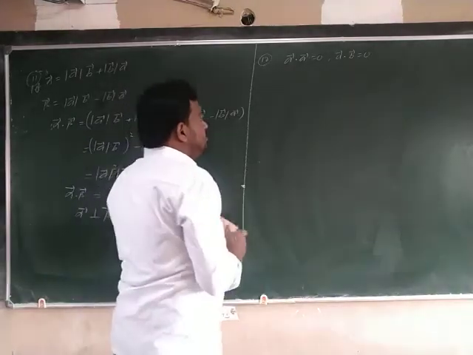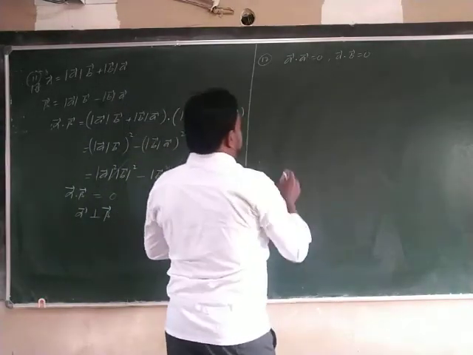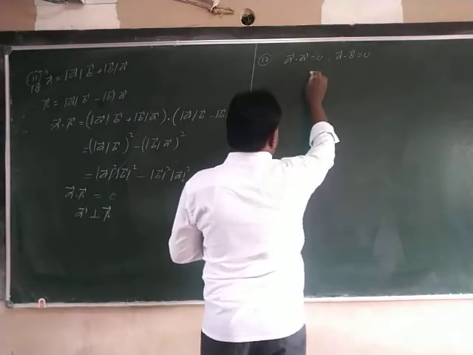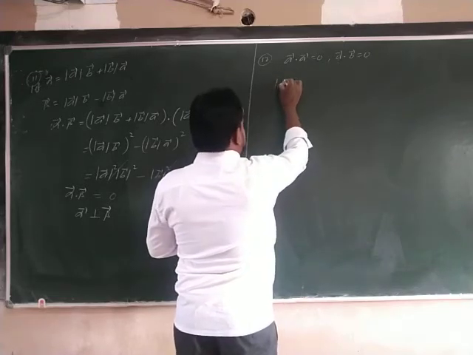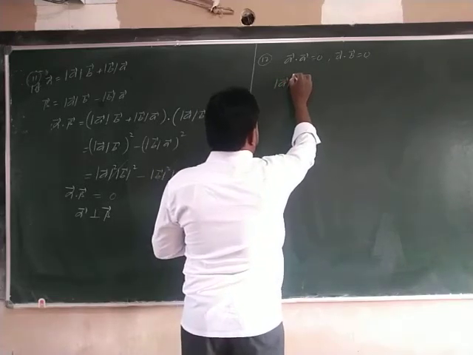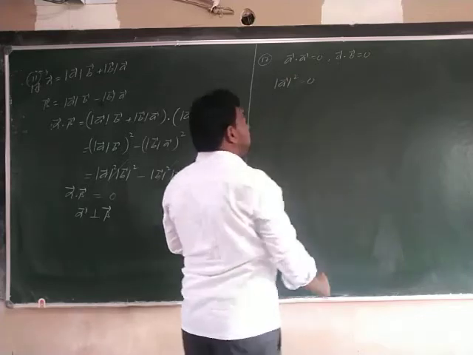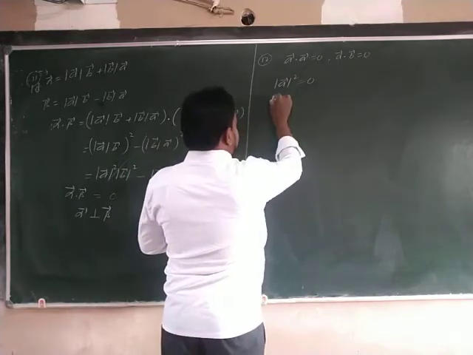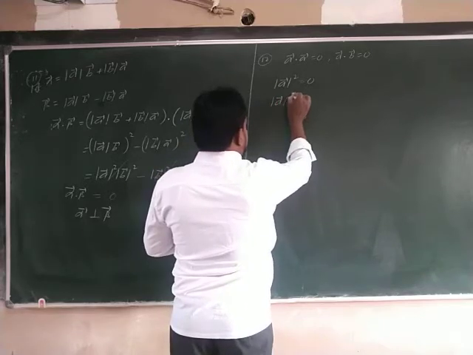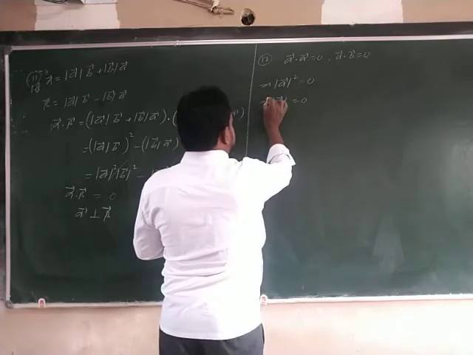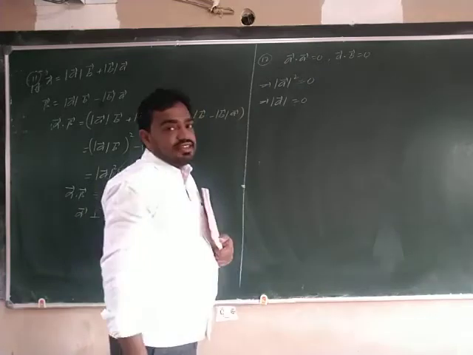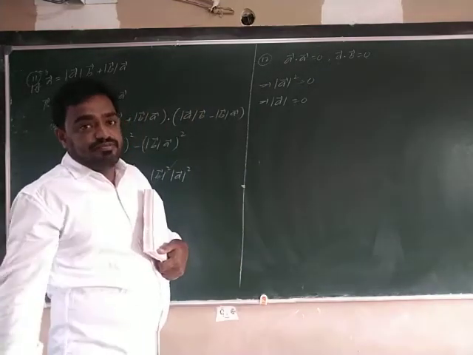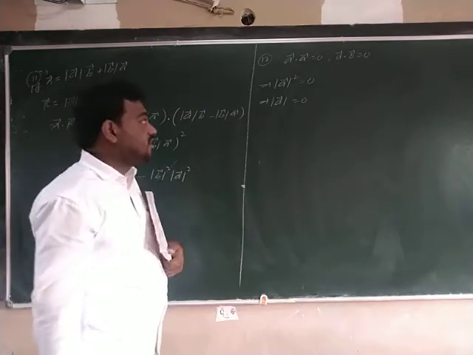Vector A into vector A equal to 0. Vector A into vector A is nothing but A square, equal to 0. So magnitude of vector A square is 0, that is, magnitude of vector A is equal to 0. That means A is the null vector.